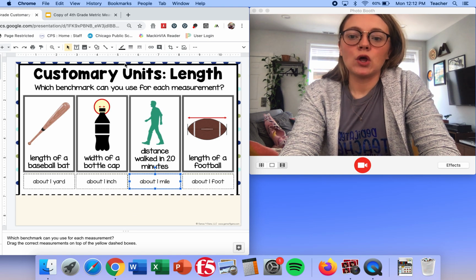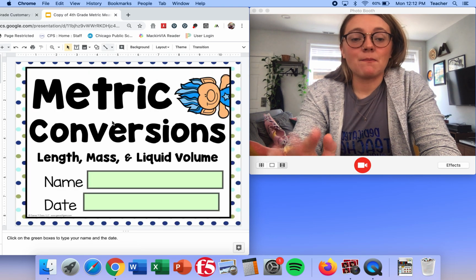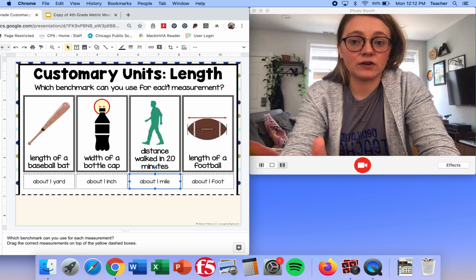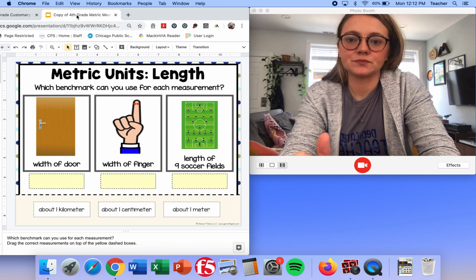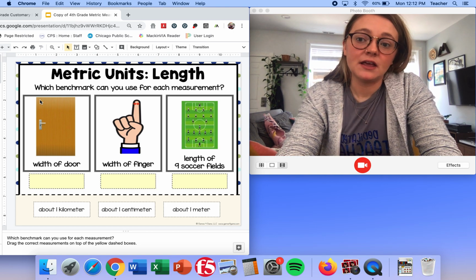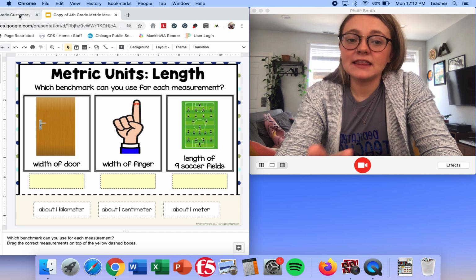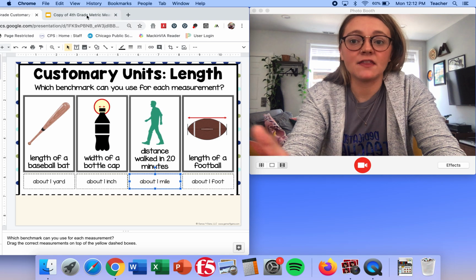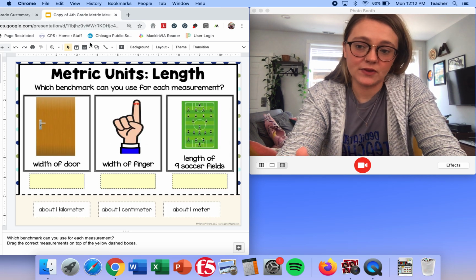Okay, now we're going to go over kind of the metric version of that. So those were all customary units for length. Now we're going to talk about metric units of length. And length is how long something is. So this is customary for length, and then this is metric for length.